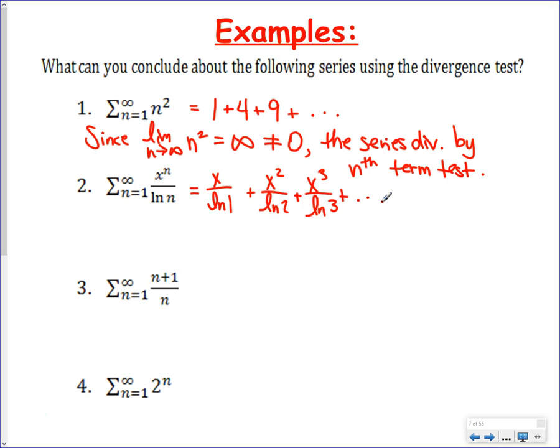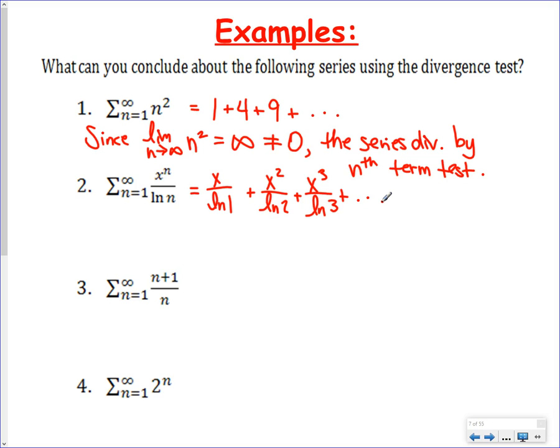X is not varying. So what's going on? Probably 0. No, it's infinity now, because the constant is being squared and then cubed and then continuing on and on.